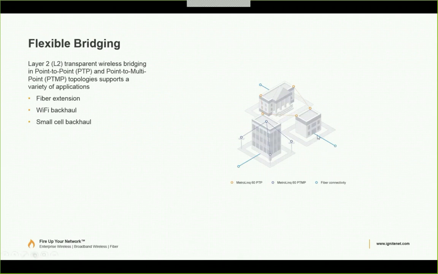So if you have fiber coming in at one of these buildings here, you can easily extend it where it'd be costly to do otherwise with a point-to-point link or even a point-to-multipoint link. This applies for Wi-Fi backhaul, small cell backhaul, anything that could benefit from extending the layer 2 network.